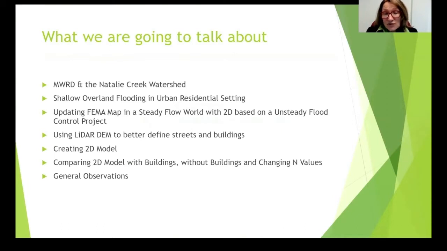We'll be talking then about the shallow overland flooding in urban residential setting, how we decided to go ahead and look at updating FEMA floodplain map in a steady flow world, then using the 2D model along with the 1D unsteady flow flood control project model, then using LiDAR DEM to better define streets and buildings in that overflow area, creating a 2D model with that information, and then using that 2D model to compare looking at with buildings, without buildings, and changing N values, and looking at how that may change the results in the model. And then some of our general observations with 2D modeling effort.